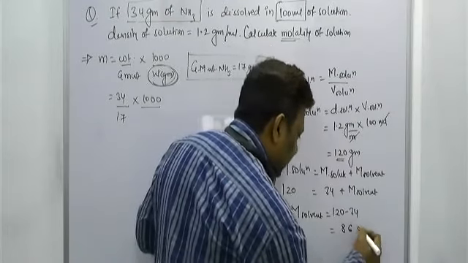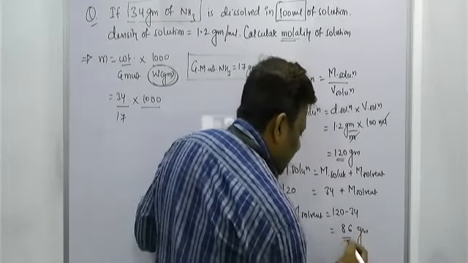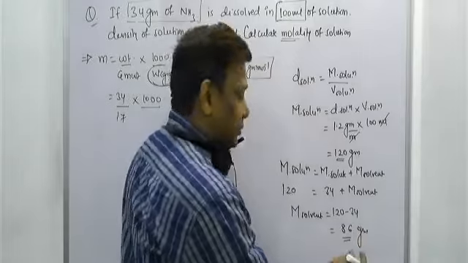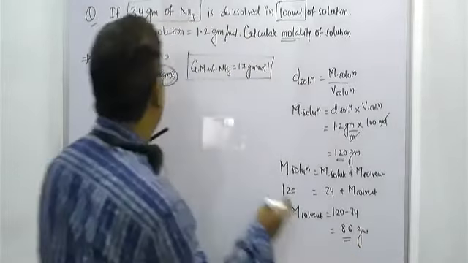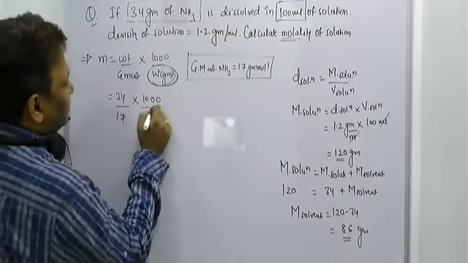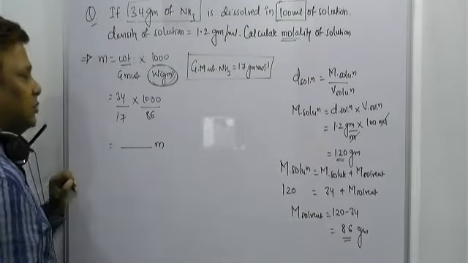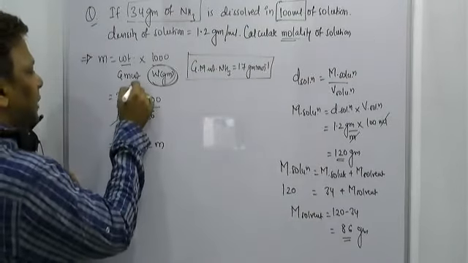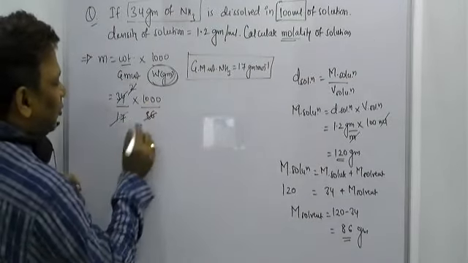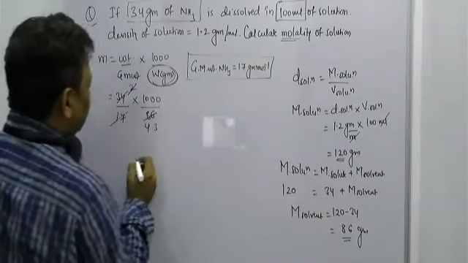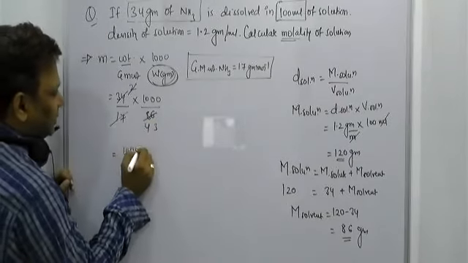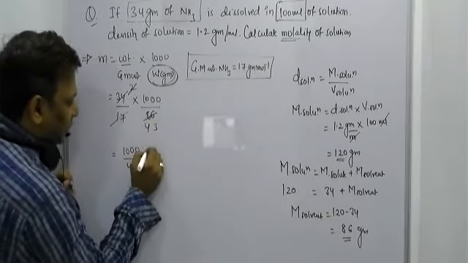Right, beta? 86 gram is the mass of solvent I got. Substitute this mass of solvent value in our formula and calculate, you'll get the molality of the solution, which becomes 1000 by 43 molal.